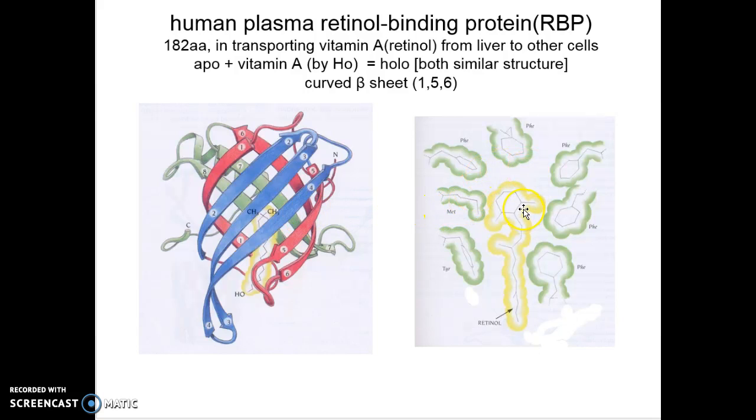This shows you retinol A in yellow color, and the surrounding residues of RBP. They are pretty much hydrophobic residues. How could this kind of structure be made? Actually, when this protein RBP folds into this kind of structure, it requires the retinol from the beginning.